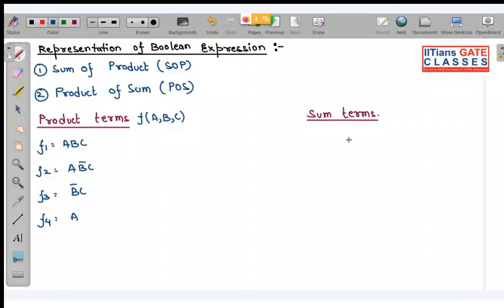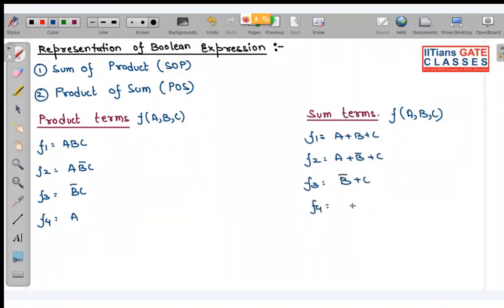Now again, if I have sum terms, here also I have 3 variables a, b and c. So the sum terms can be like f1 a plus b plus c, f2 it can be a plus b complement plus c, or f3 it can be b complement plus c, or f4 it can be a.